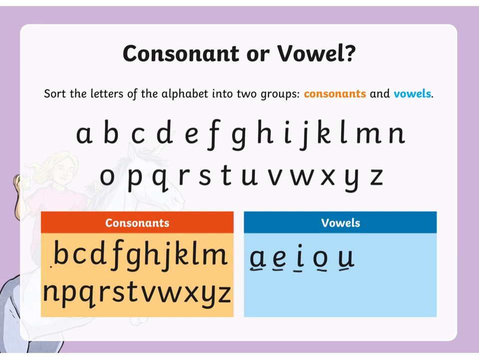Consonants are B, C, D, F, G, H, J, K, L, M, N, P, Q, R, S, T, V, W, X, Y, Z. So there are total 26 letters, in which we have 5 vowels and rest are consonants.